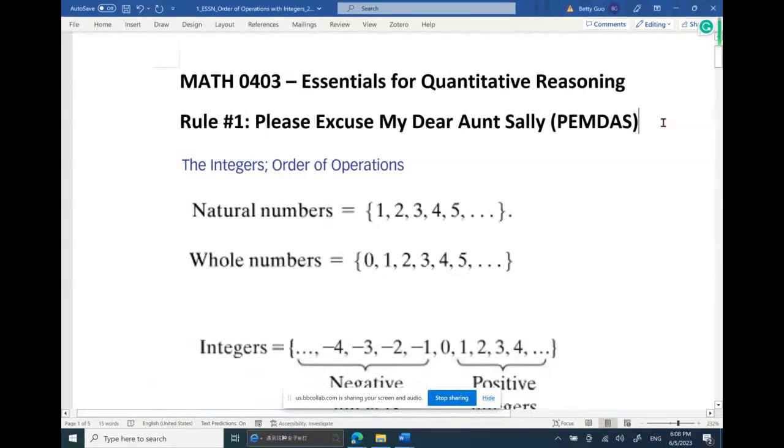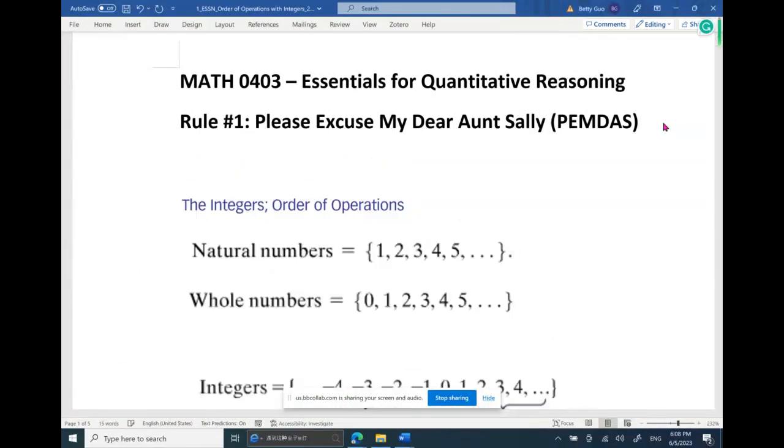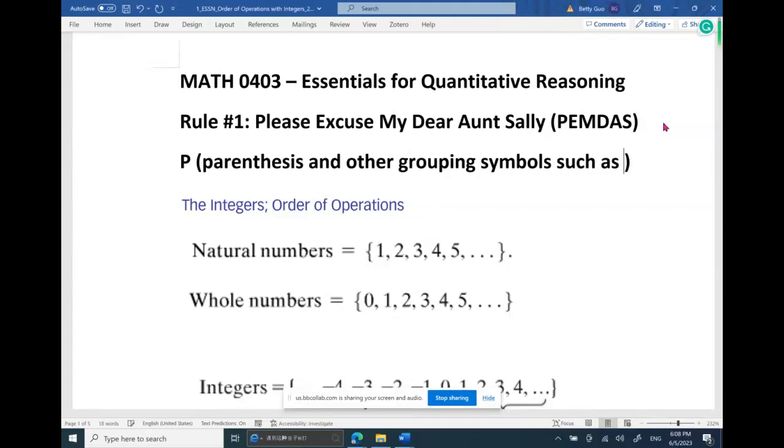Okay, so P here represents parentheses, and other grouping symbols, such as brackets, braces, or even absolute values.